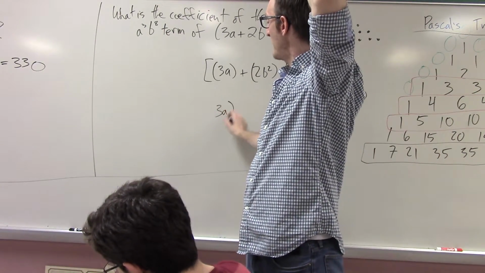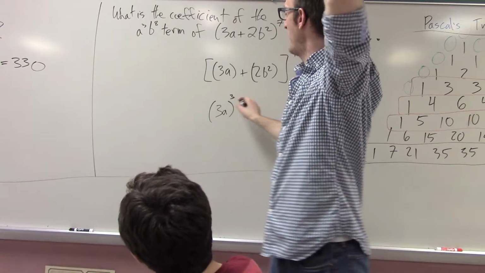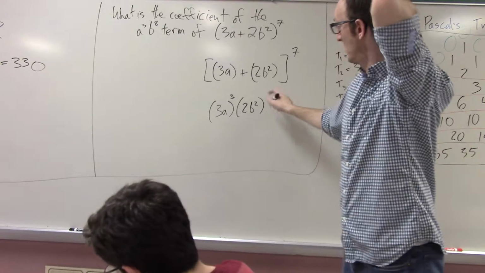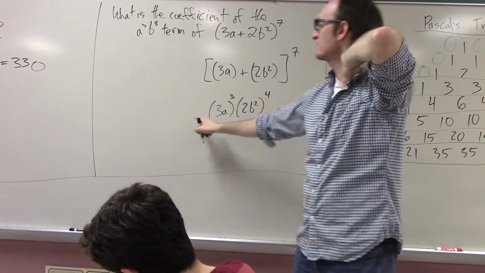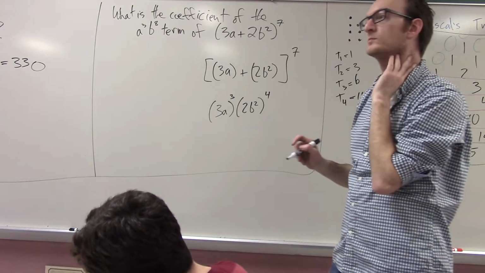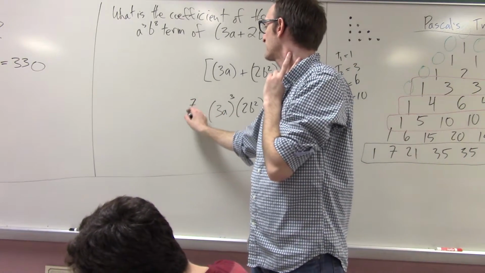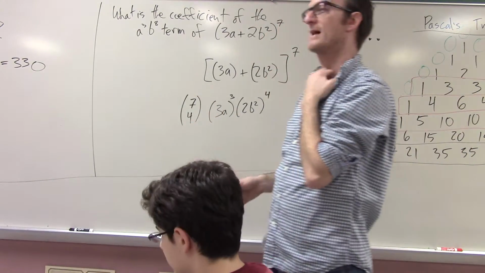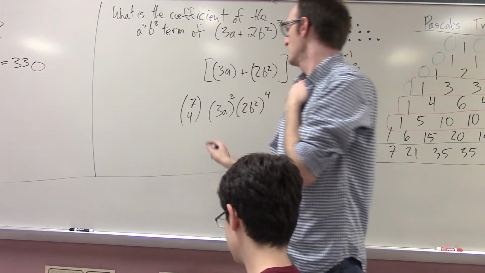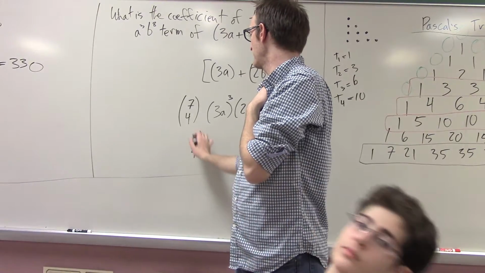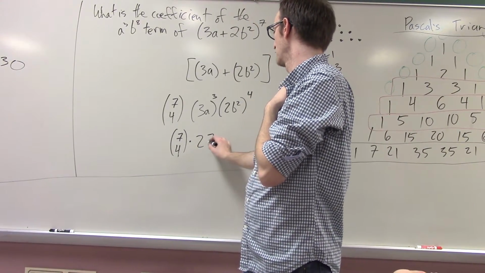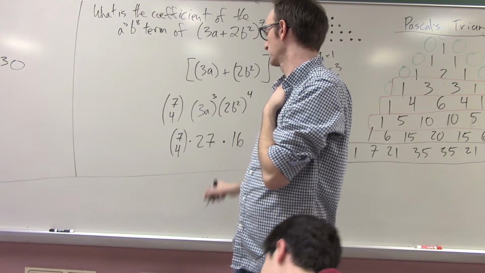When 3a has been raised to the 3rd power, and 2b squared has been raised to the 4th power. How many times does that happen? 7. Just for consistency purposes, I'm gonna write it as 7 choose 4. So the answer is 7 choose 4 times 27 times 16.